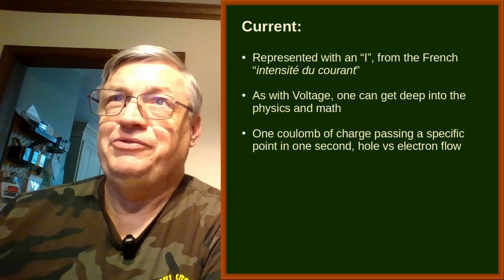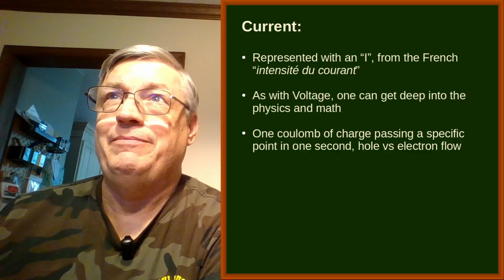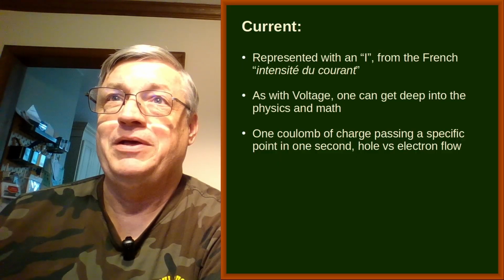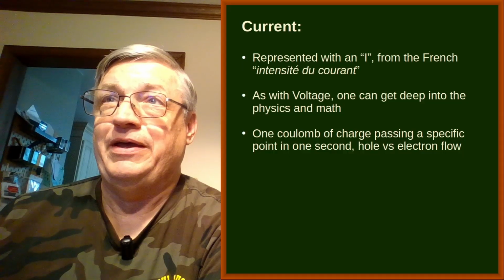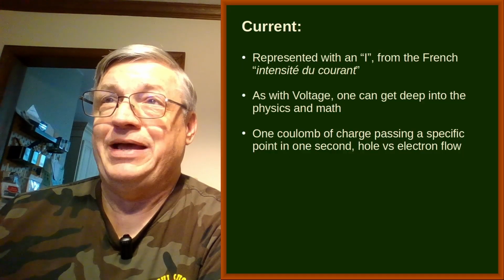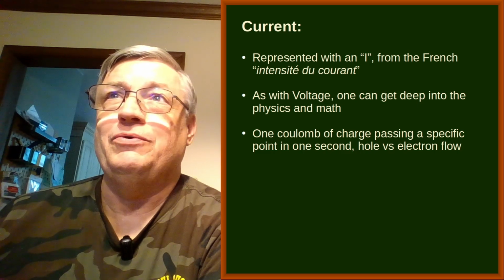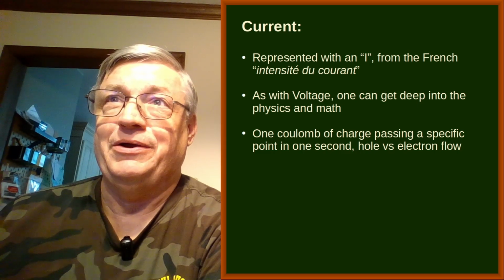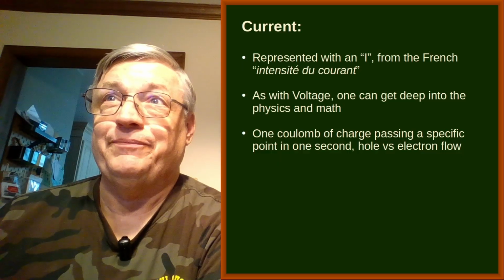The other thing I need to mention here, since we're talking about current, is hole flow versus electron flow. I'm using electron flow in this video, which means current flows from negative to positive as electrons leave the negative terminal and jump from atom to atom all the way around to the positive terminal, whereas hole flow is another concept where it's the absence of electrons we're tracking.